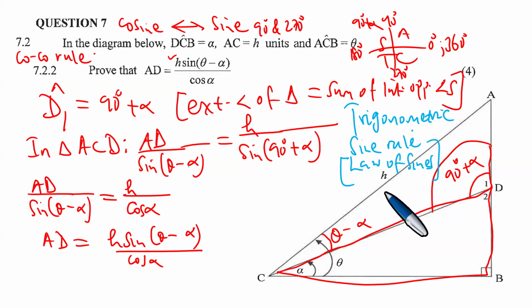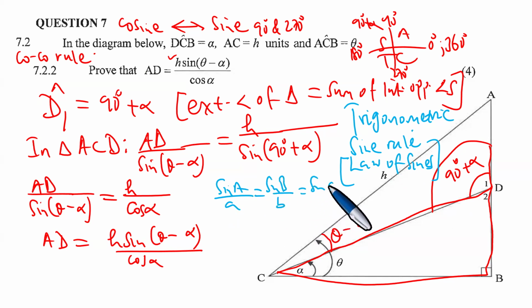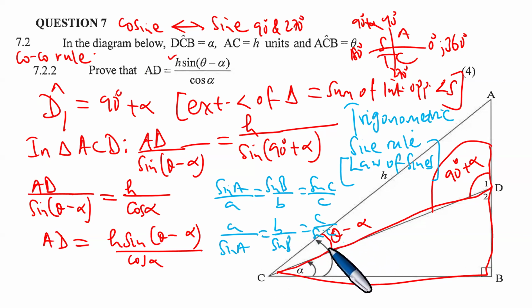What does this law actually say? Sine A over a equals sine B over b equals sine C over c. This can be stated this way, or you can state it as a over sine A is b over sine B equals c over sine C. And this works in our beloved triangle ABC.